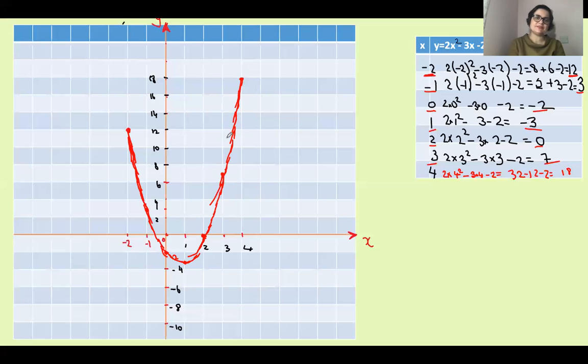Yeah, so this is the final answer of the curve. This is what the parabola will look like for the values of x from -2 to 4, including -2 and 4. Right, let's have a look at another example.